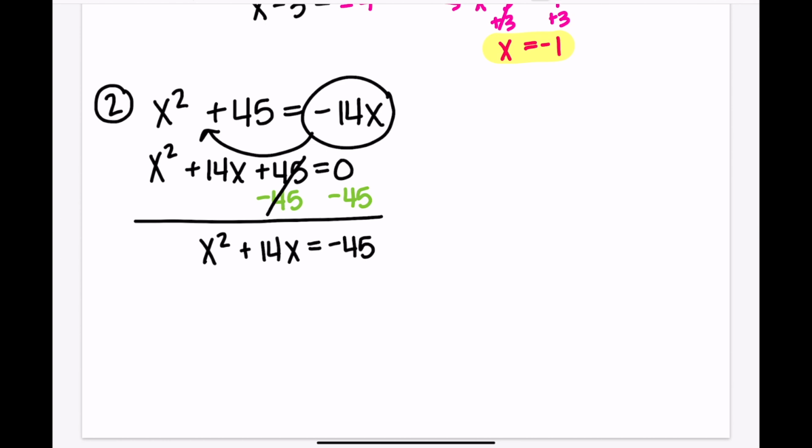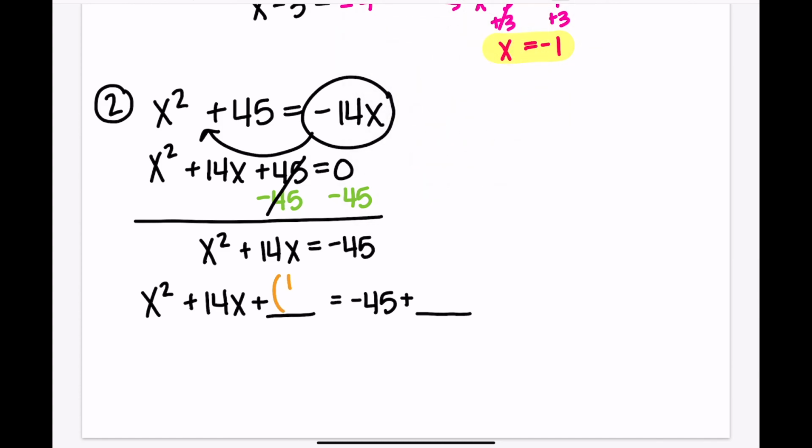And now we want to make this a perfect square by adding b over 2 squared to both sides. Okay, so b over 2 squared, let's see what that would give us.